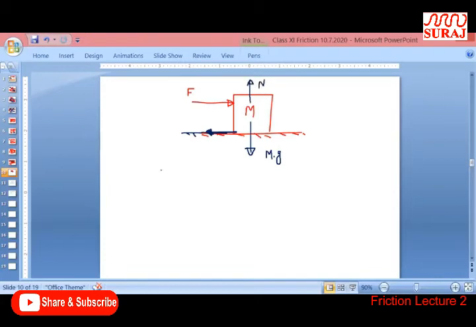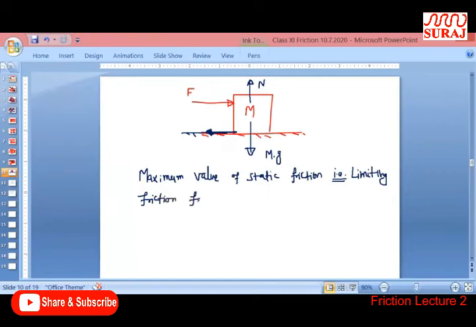Okay, so what they said, the maximum value of static friction, that is you can say the limiting friction force.